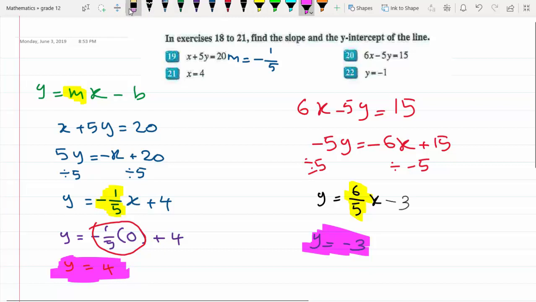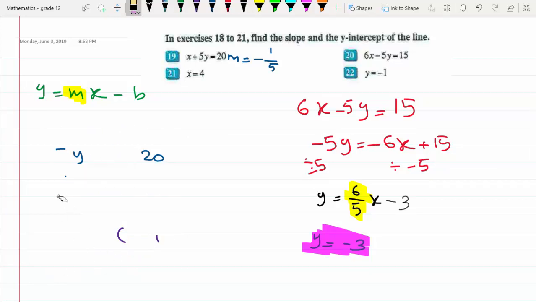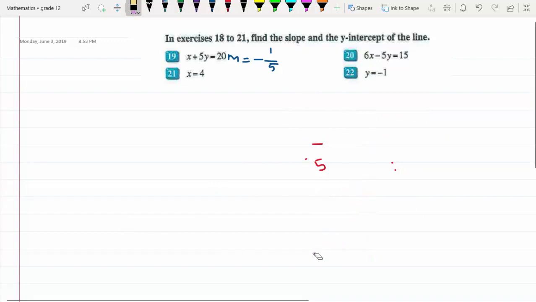To solve the third question, question 21 and question 22, these two are constants. So question 21 is just a vertical line, and the slope for a vertical line is undefined. Let's explain this one.